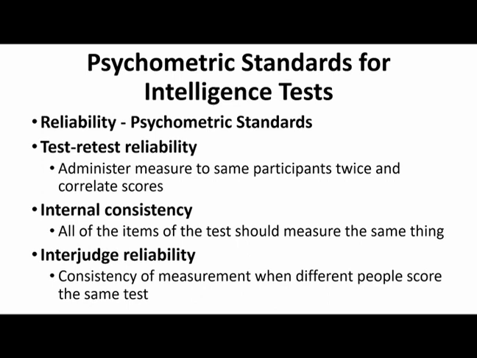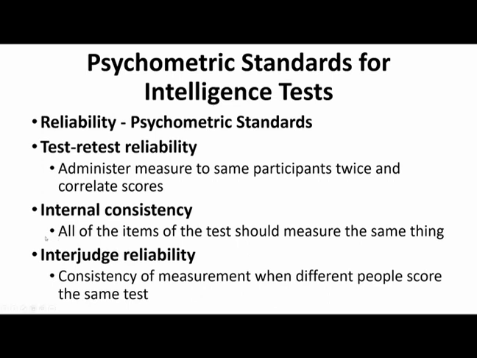The second kind of reliability we want to talk about is called internal consistency. And this is basically looking at items within the test itself. So if you have an IQ test, then all of the different items that are measuring a certain category of IQ should all agree with one another.